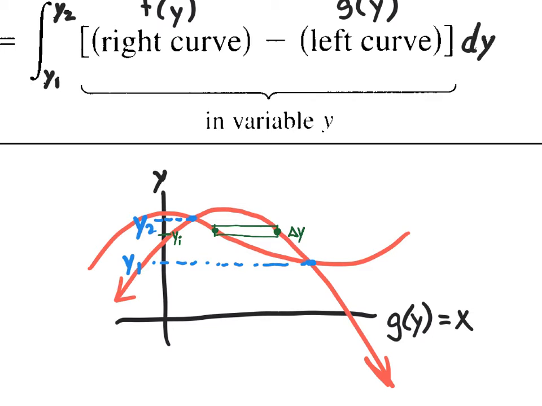Then the length of this rectangle is going to be whatever the right hand one is evaluated at y sub i minus whatever's on the left evaluated at y sub i.